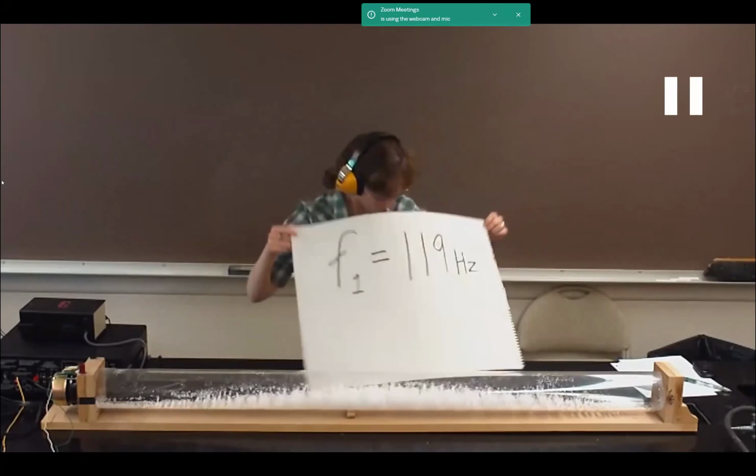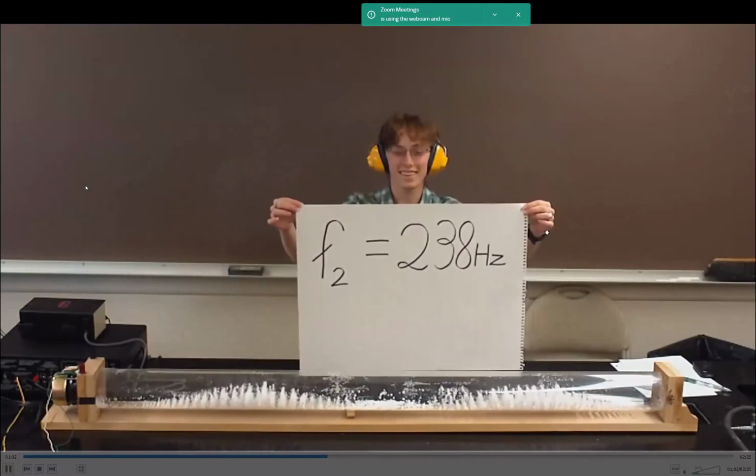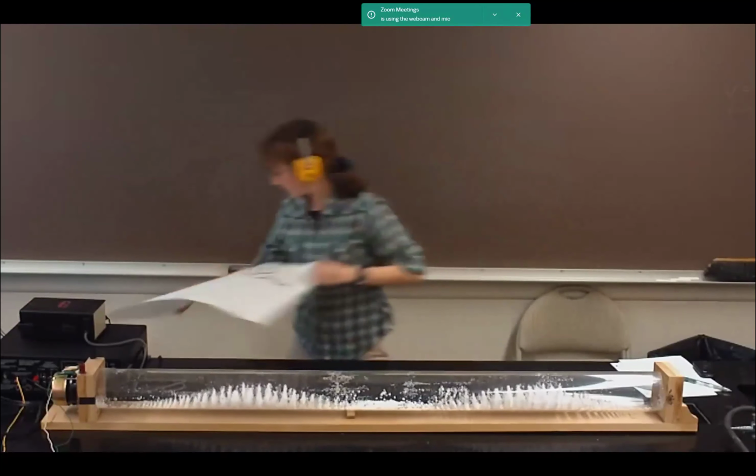If you double the frequency, there you can see two loops. So that's what is happening. Wherever there's an antinode, the thermocol is flying more. You can clearly see the sine wave. Three loops, third harmonic.